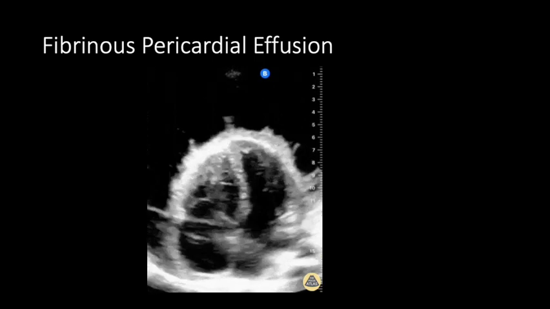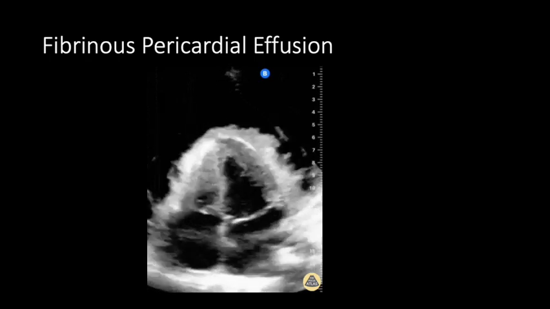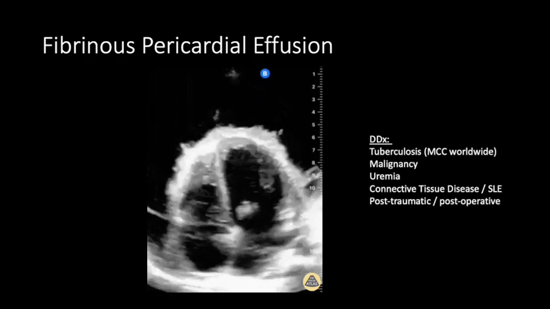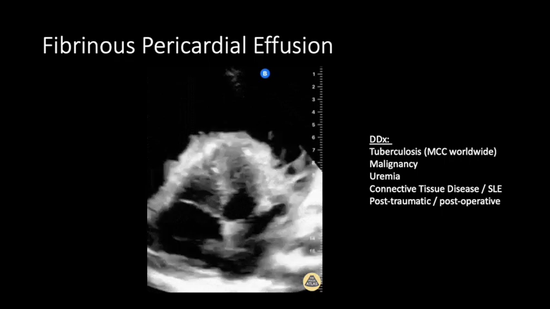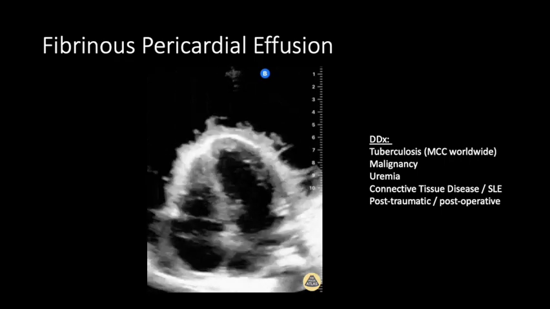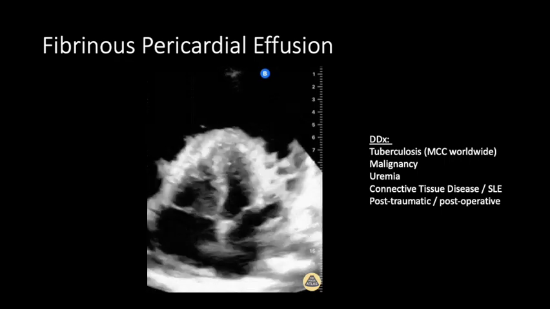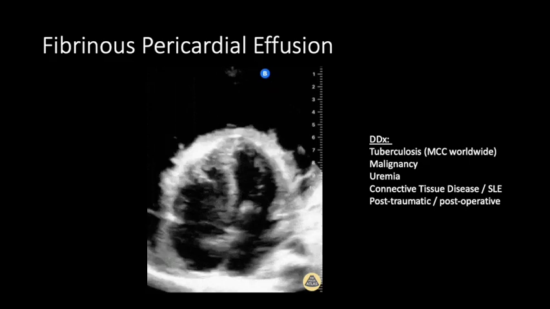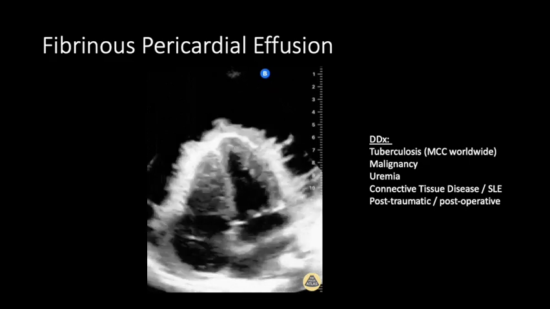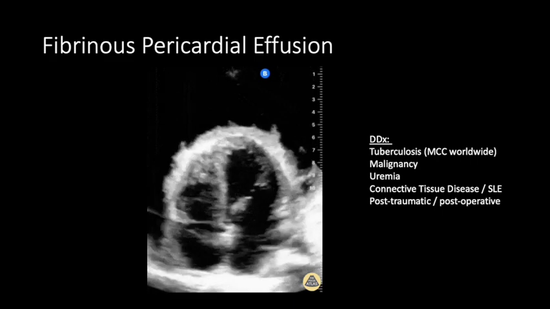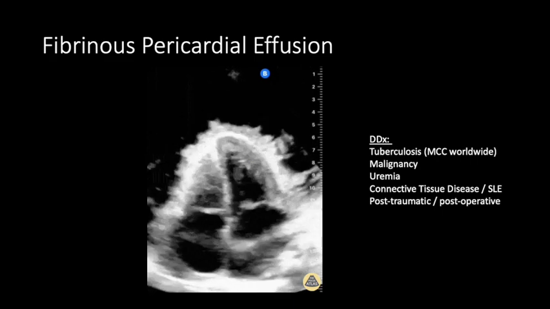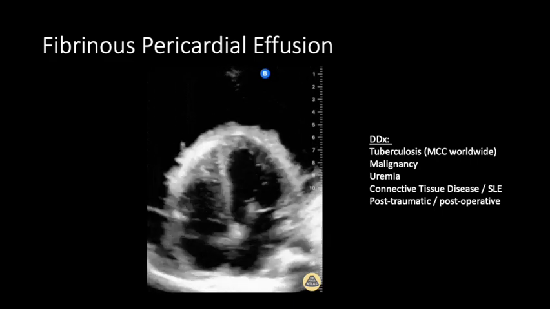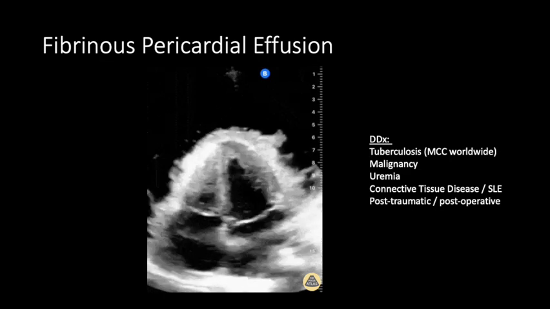However, in more developed countries where tuberculosis is not as endemic, we often see this in malignancies, in severe cases of uremia, in like our compassionate dialysis patients, and in cases of connective tissue disease or lupus. It can also be seen in post-traumatic or post-operative states, although that's pretty rare, especially with the advent of less invasive surgical techniques.